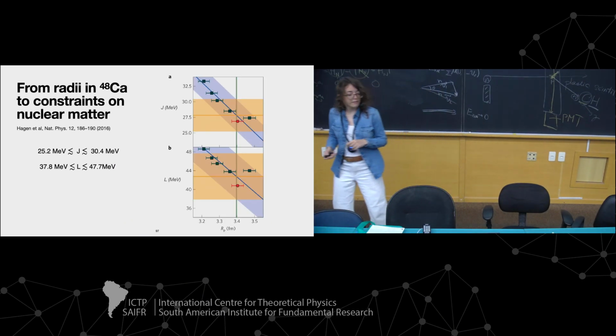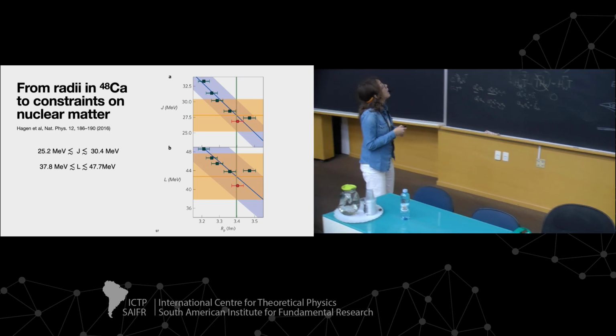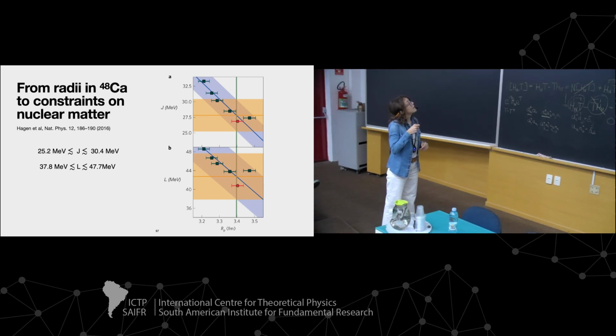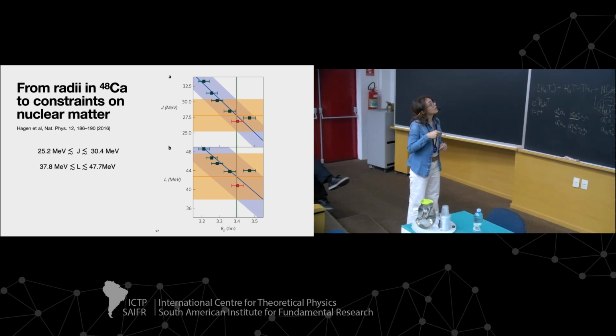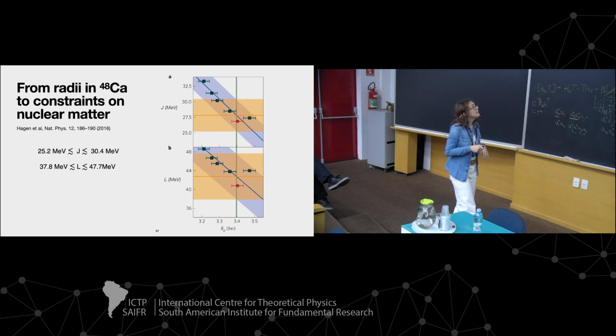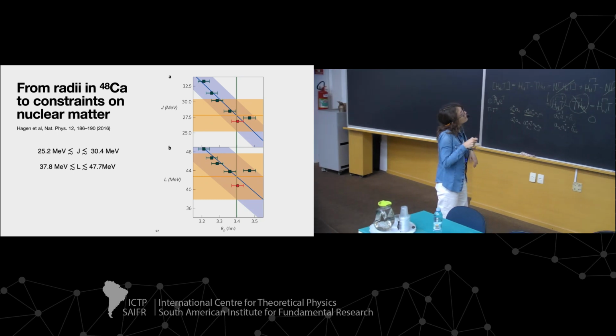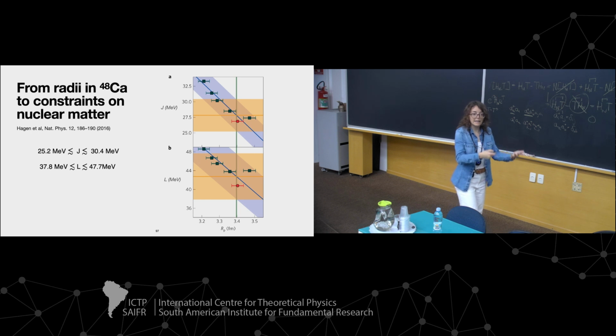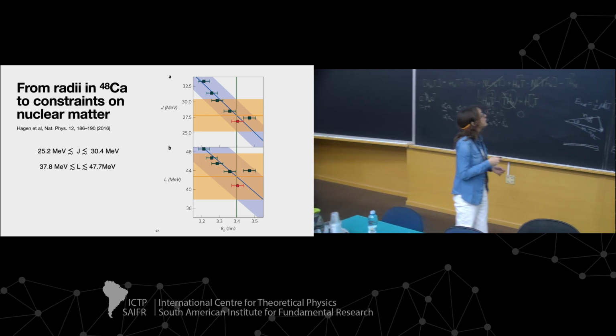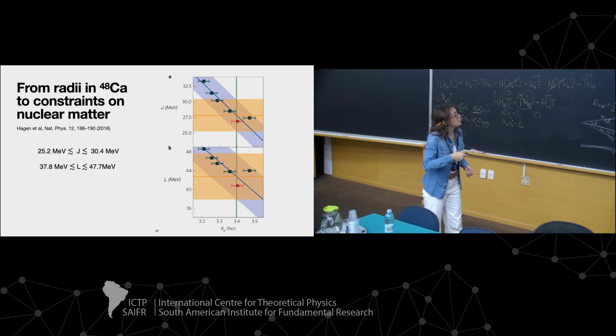And from the radii in calcium, we can actually get constraints on nuclear matter, and in particular on the symmetry energy parameters that we mentioned at the beginning. So in the work that I was mentioning before from 2016, what they did was to study the correlation between these parameters that one can get via nuclear matter calculations and the point proton radius, which we know very well experimentally.